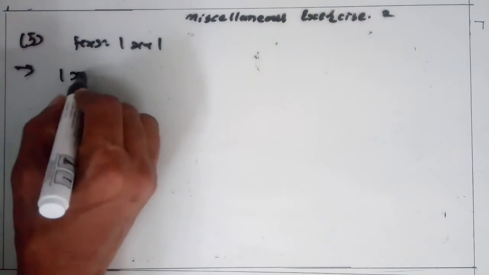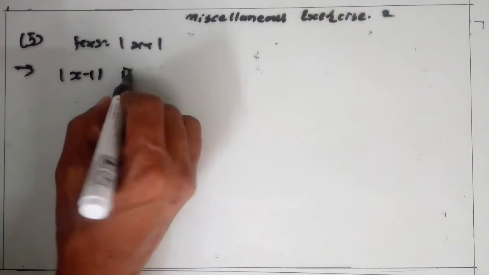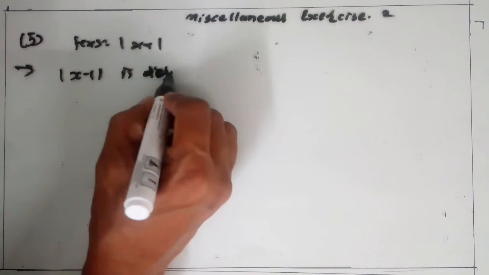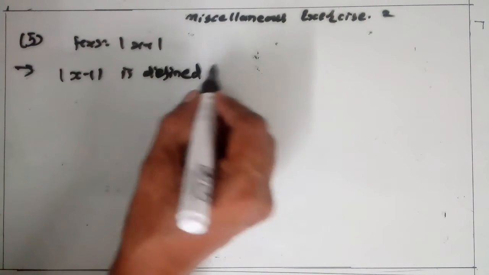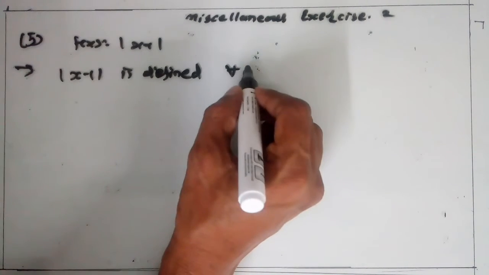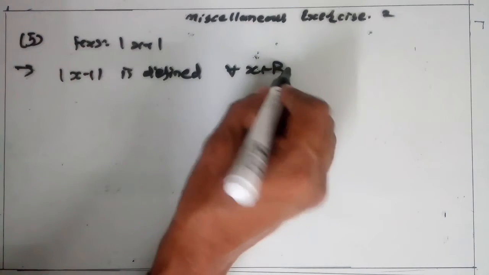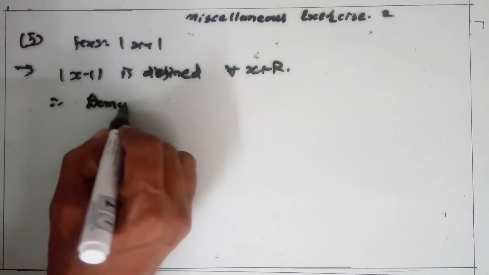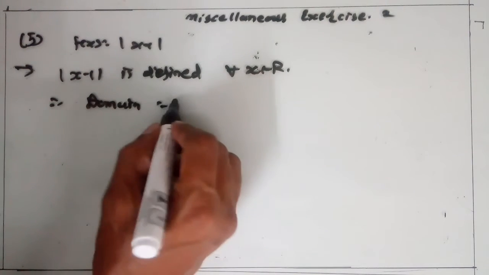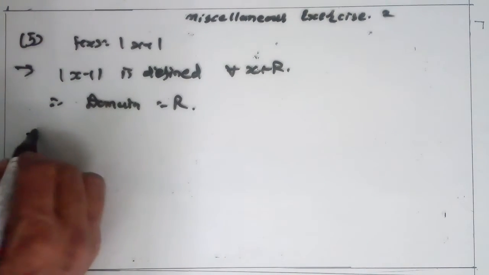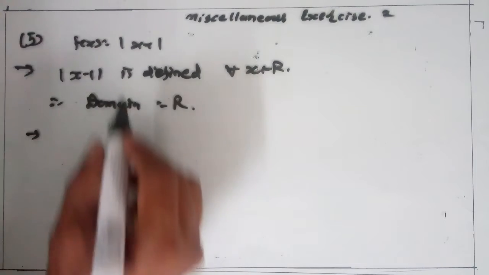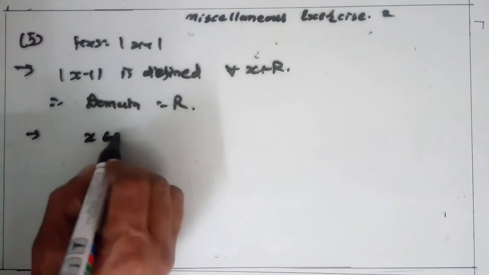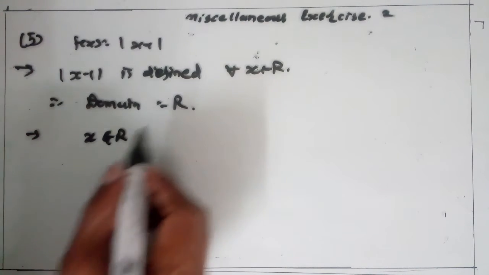So mod of x minus 1 is defined for all x belonging to R. Therefore domain is equal to R. Now find the range. x belongs to R, it's the domain.